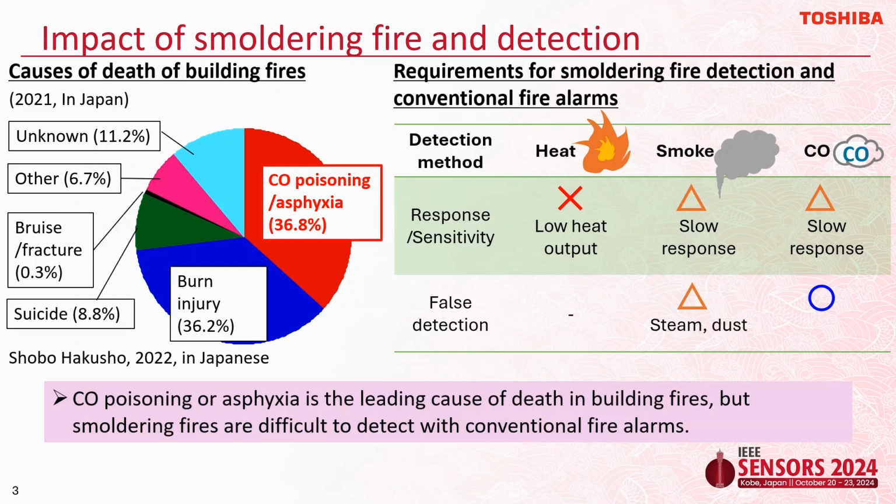Smoke detection methods also have the issue of false detection caused by steam or dust. Also, alarm location can delay response in smoke and CO detection methods. We can therefore see that detecting smoldering fire with conventional fire alarms is difficult.